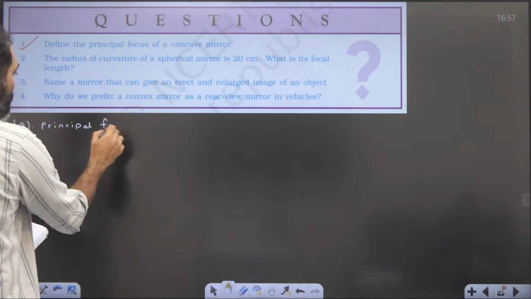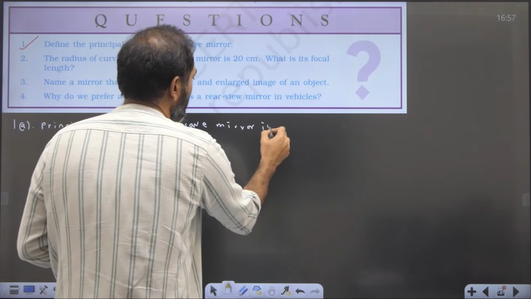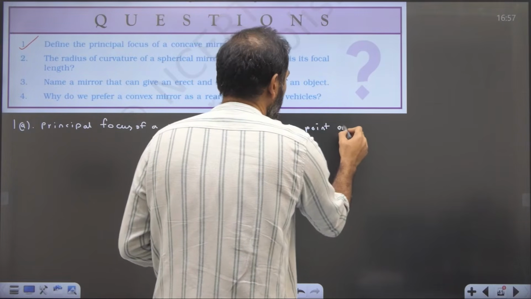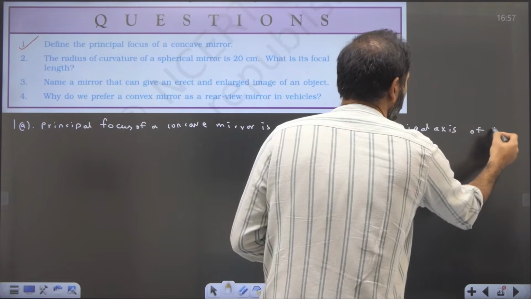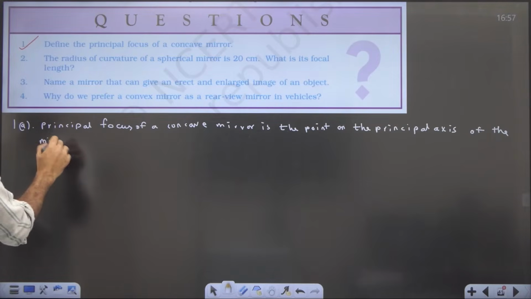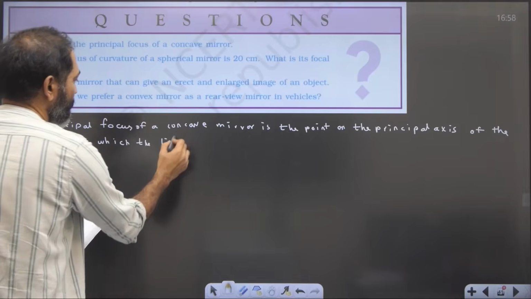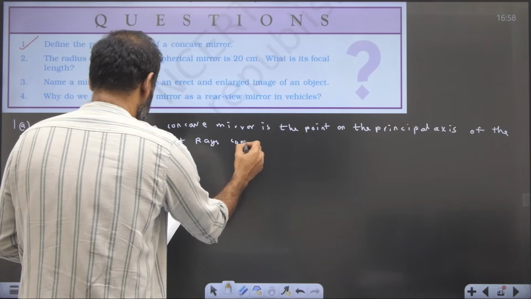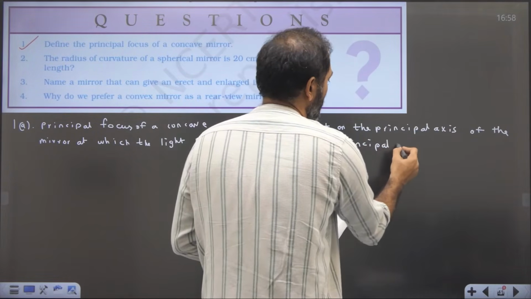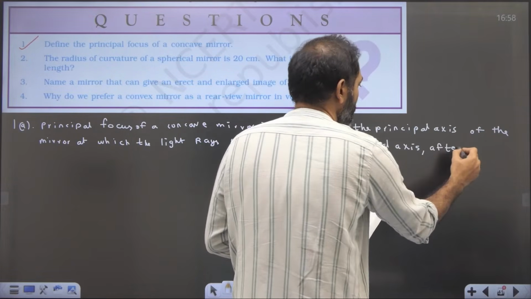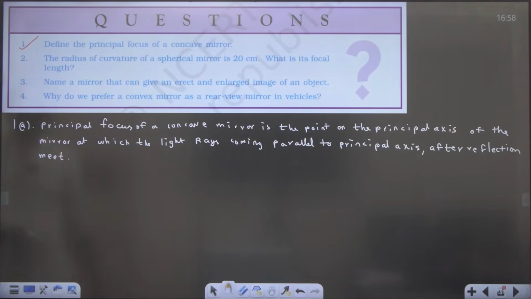Principal focus of a concave mirror is the point on the principal axis of the mirror at which the light rays coming parallel to principal axis after reflection meet. This is the principal focus of a concave mirror.